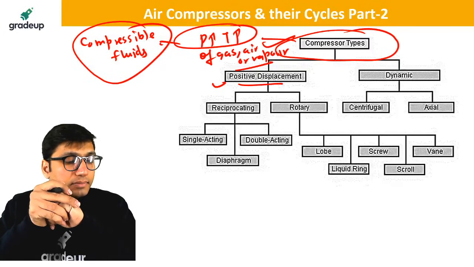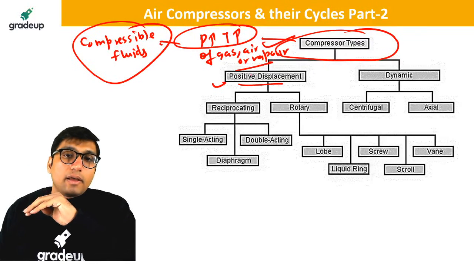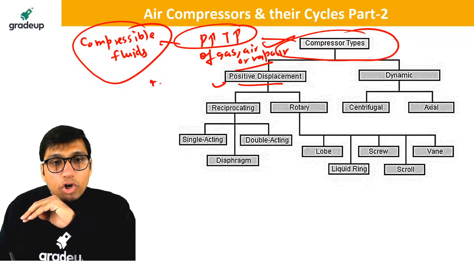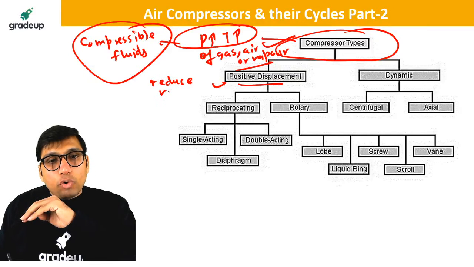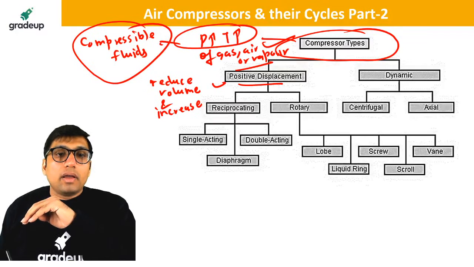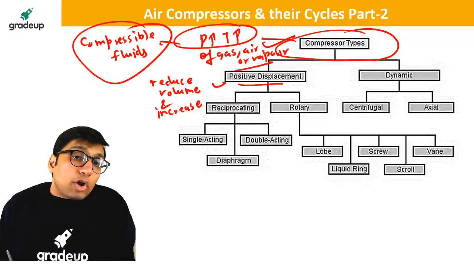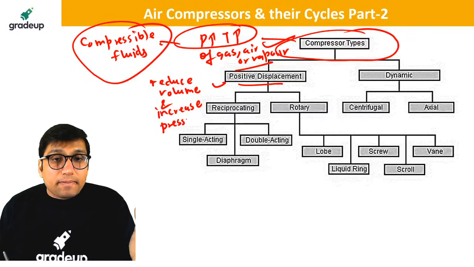Clear everyone? In a positive displacement device, basically what we do is reduce the volume in a small space, and we increase the pressure. By displacement of the gas and by reduction of the volume, we will increase the pressure.